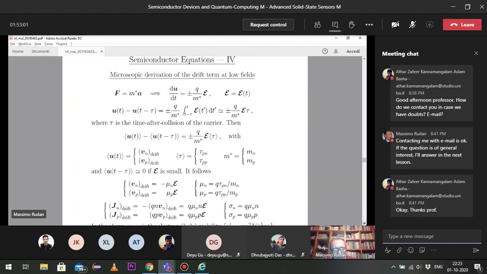So we can figure out the trajectory or the dynamic evolution of the electron inside the crystal as an alternation of what we call free flights, during which the electron is subjected only to the external field, and collisions, okay? So this is enough to specify the times t and t minus tau. T is any time during a free flight.